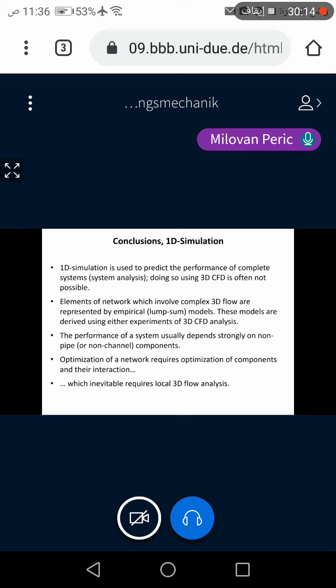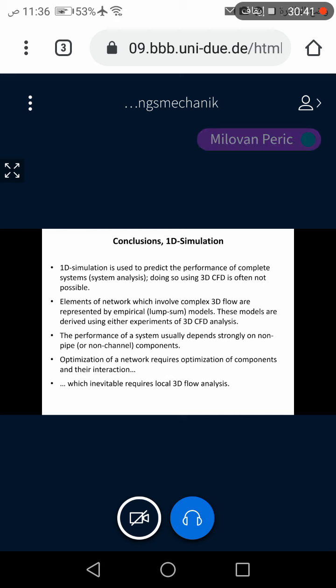The conclusion is that 1D simulation is used to predict performance of a complete system, so it's a system analysis. They are often called system tools. You can't do this in real CFD with 3D analysis. That would simply be too complicated. Elements of the network which involve complex 3D flows are represented by empirical, so-called lumped models.